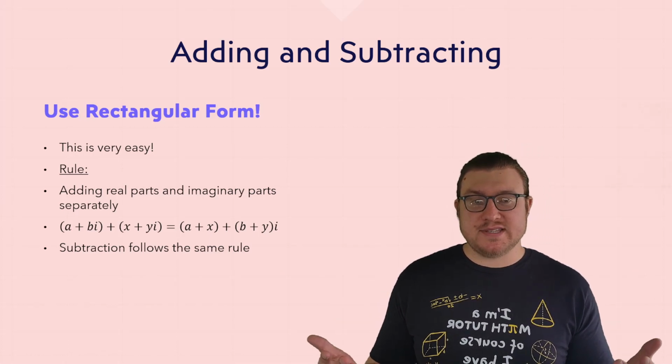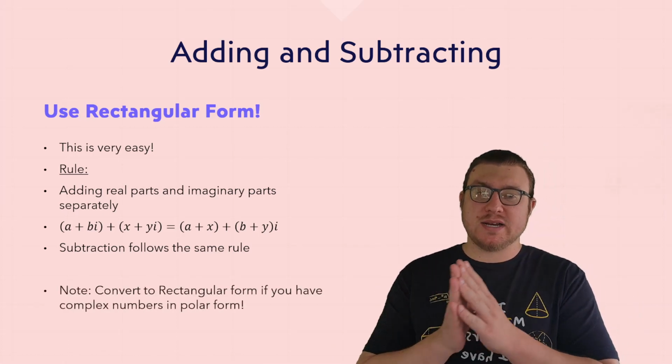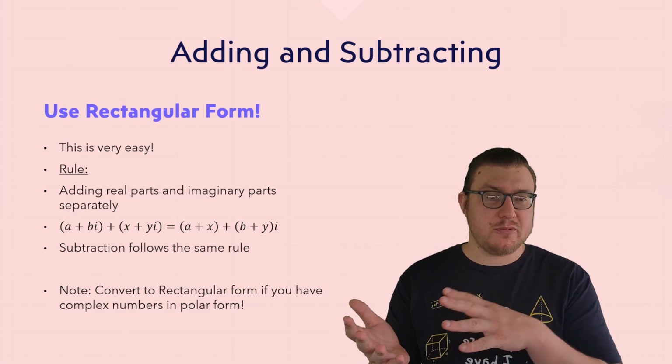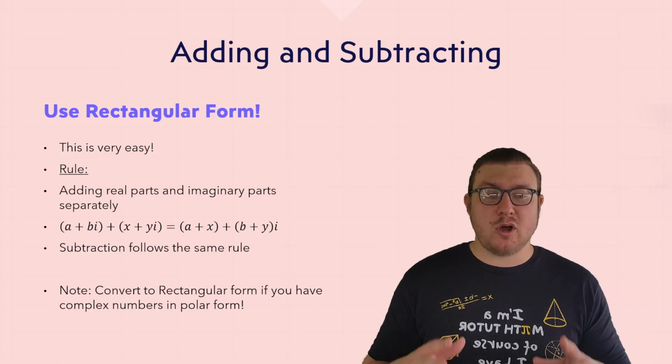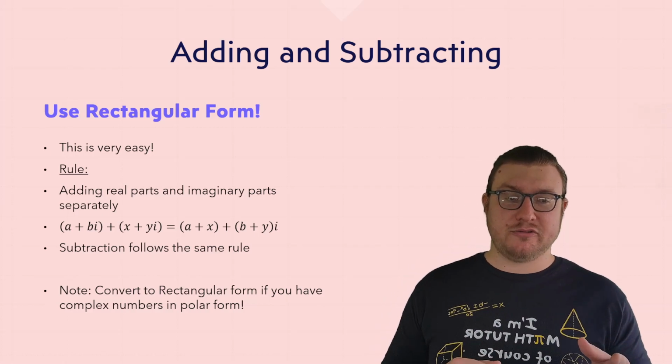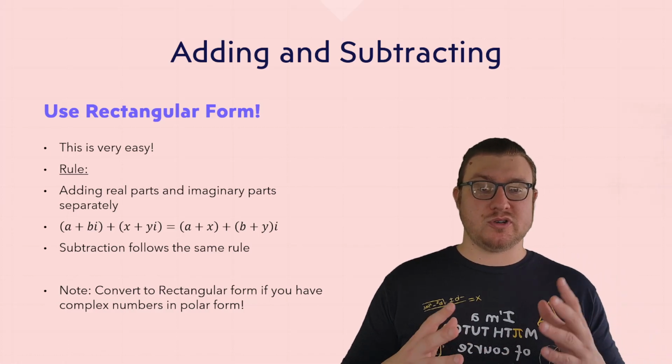Subtraction is just as easy. It's exactly the same rule. We're going to do the real part minus the real part, the imaginary part minus the imaginary part. Very easy. Please note that we convert to rectangular form before we add or subtract.